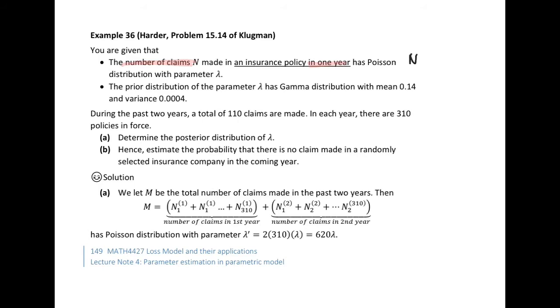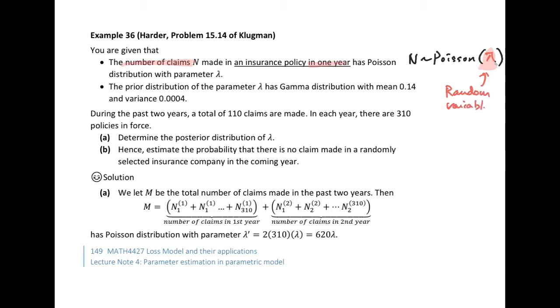So M follows this Poisson distribution with parameter lambda. And again, just like the earlier cases, here we will assume that this lambda will be a random variable.